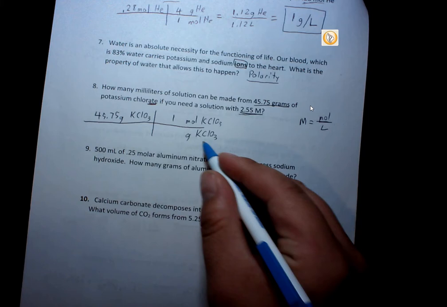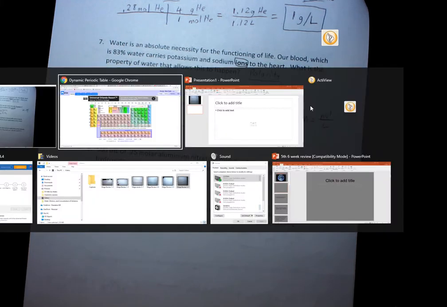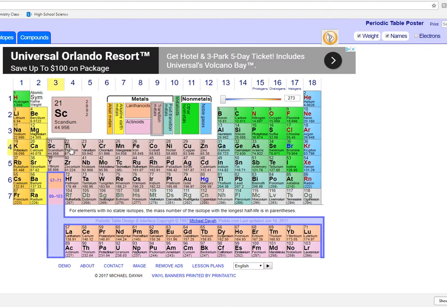We need to add up the masses of all of our elements. So we have potassium is 39.10 plus chlorine 35.45 right here. And then we have oxygen, which is 16, but 3 times.